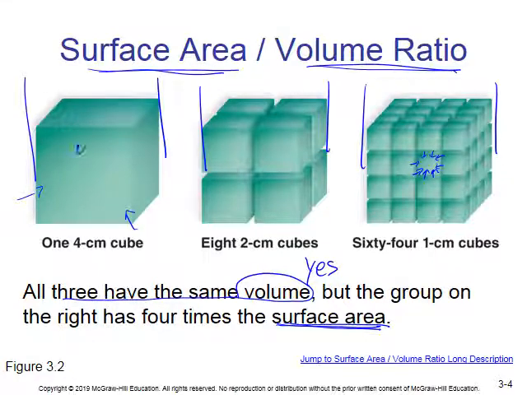So if this was a cell and it was really large, and I made a protein product here and needed to ship that protein out of the cell, it would take a really long time to get there, right? It would use a lot of energy to get it out, and it would take a while.